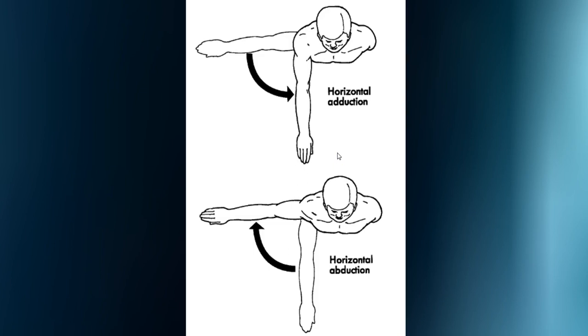So the key exercise that this probably relates to is a chest fly, whether you're in a chest fly machine or lying on a bench bringing your arms together in a horizontal fashion and away again, and that's of course targeting the pectoralis major, which is a horizontal adductor. Okay, so abduction gives it that nice stretch, and then adduction would be coming back to the midline, working those pecs.